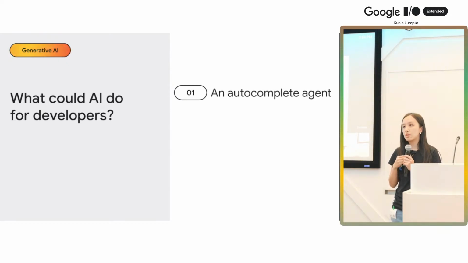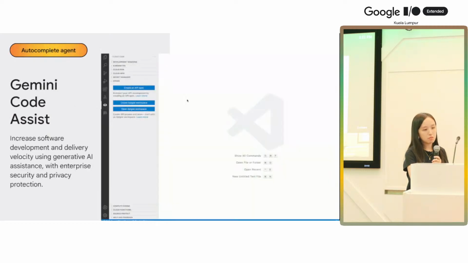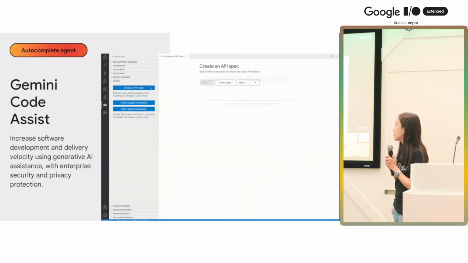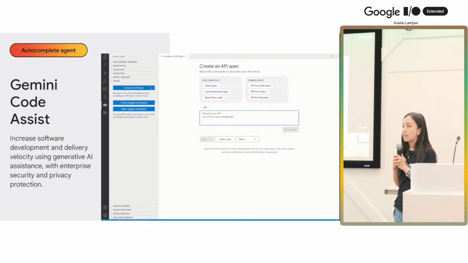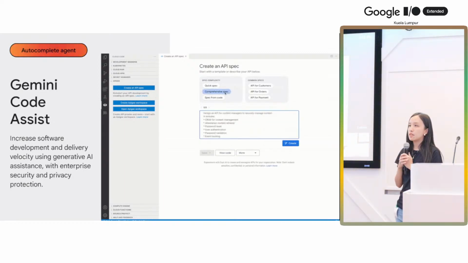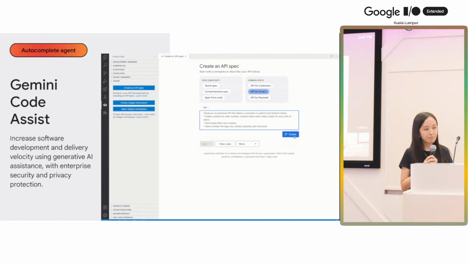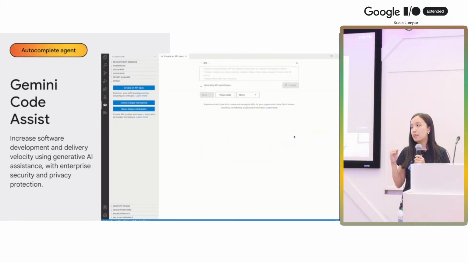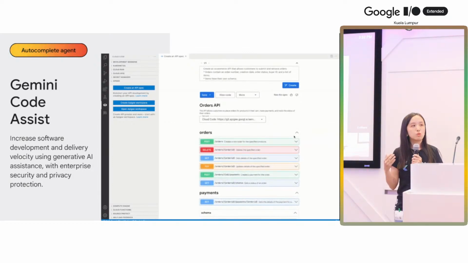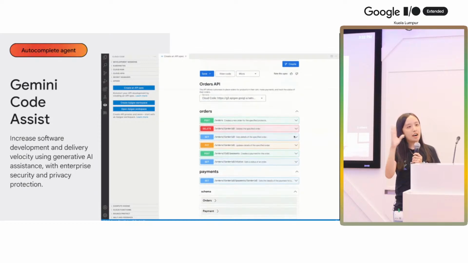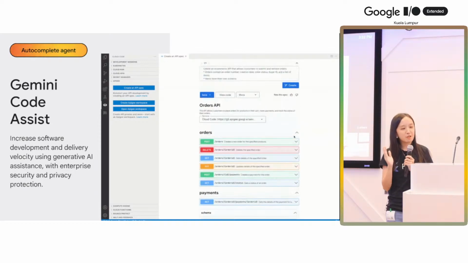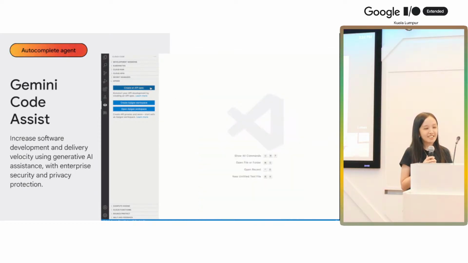I started using GitHub Copilot quite a long time ago, and now in Google we also have a similar solution called Gemini Code Assist. You can install it as an extension in many of your favorite IDEs, including VS Code, and Android Studio also has one of its own. By allowing it to autocomplete boilerplate code that we just don't bother to type out, it can save us a lot of time.